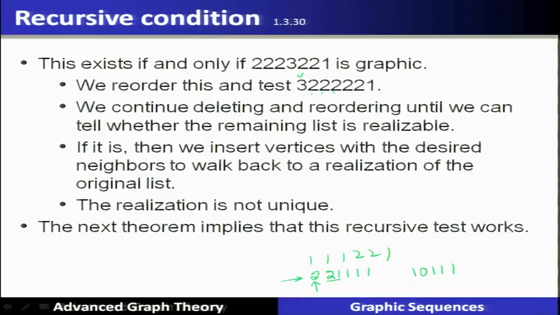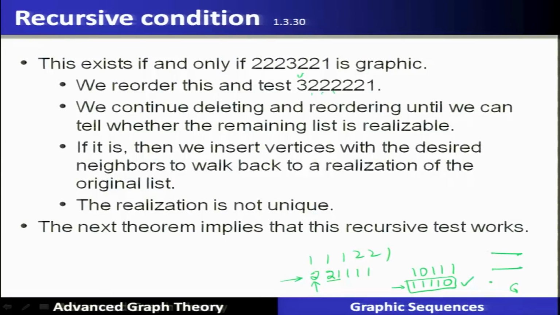If we reorder it, 1 1 1 1 0. We have to check whether this is graphic or not. So 1 1 1 0, we can see whether a graph can be drawn out of it or not. So 1 2 3 4, 1 2 3 4 and 1. This will represent a particular graph, so hence this is a graphic sequence.